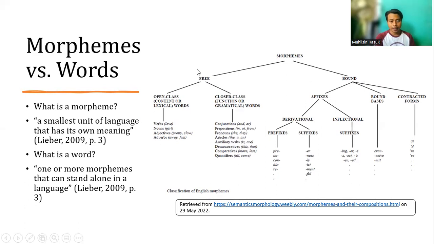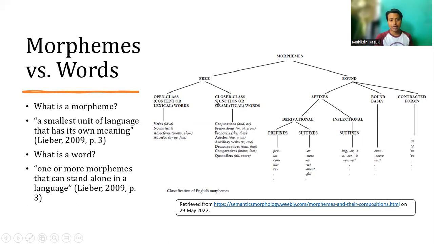Free morphemes might further be divided into two categories. The first is called open class or content words, and the second is closed class or functional words. Open class or content words include all words that belong to these parts of speech: verbs, nouns, adjectives, and adverbs.